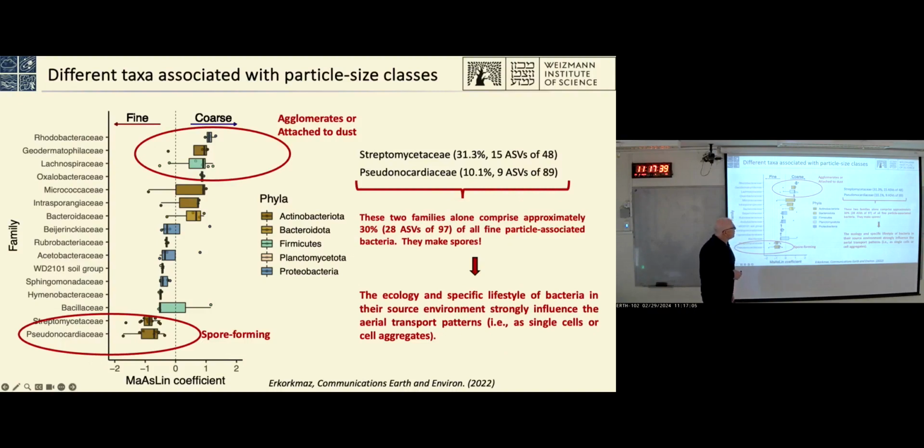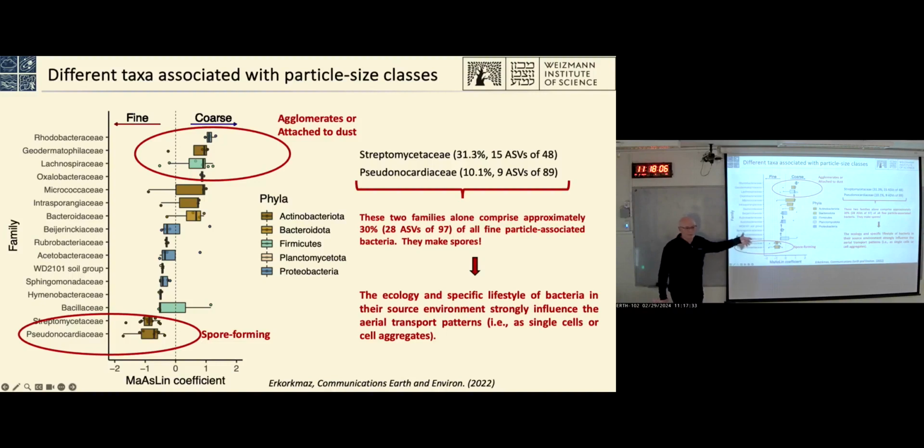And then we can also look at the species that reside in the coarse fraction compared to the fine fraction. We do find species that are also common in the small fractions. And we find that a lot of these species that are in the fine fraction, which are probably transported as individual microorganisms, are spore-forming bacteria.